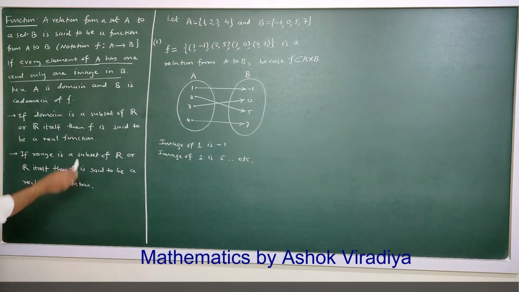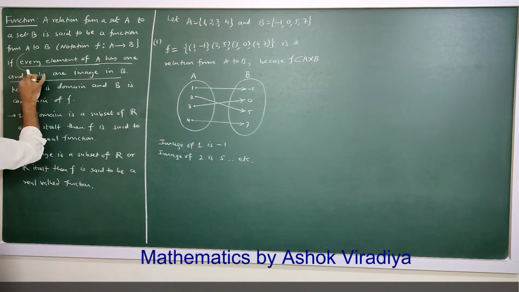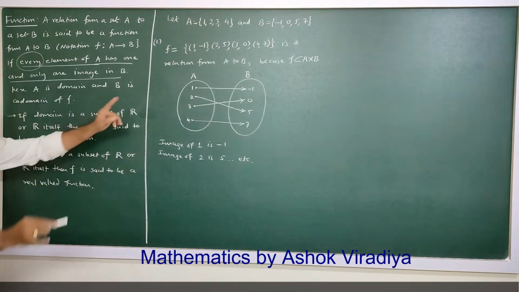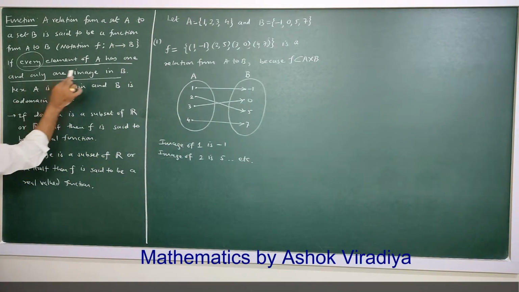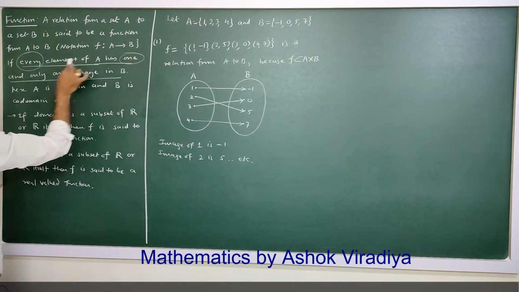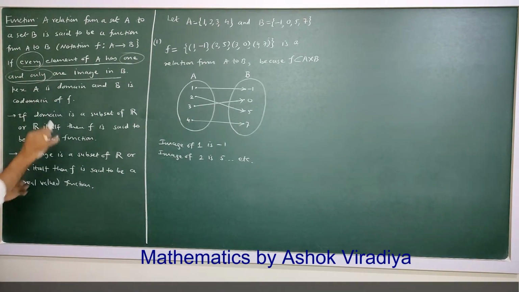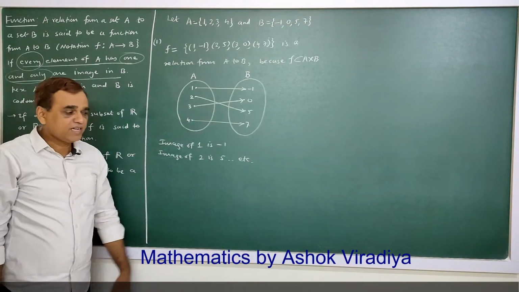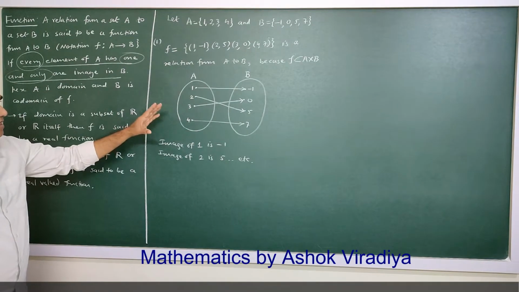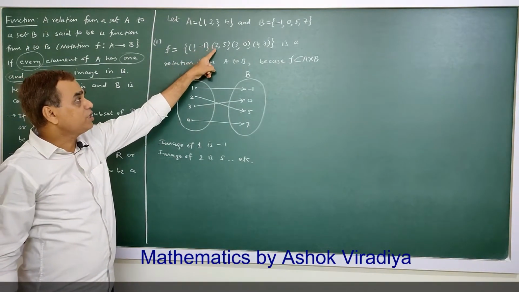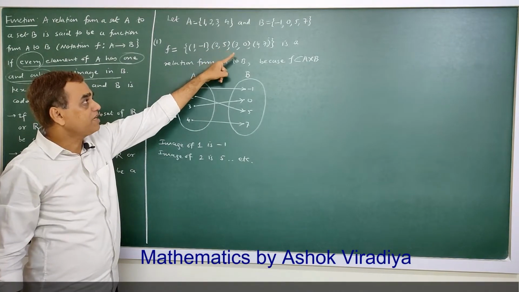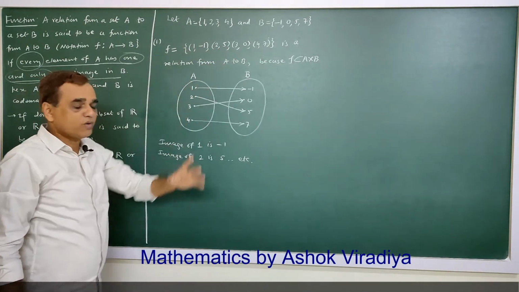So this word is important: every element of set A must have one and only one image. Here 1 has image -1, 2 has image 5, 3 has image 0, 4 has image 7.